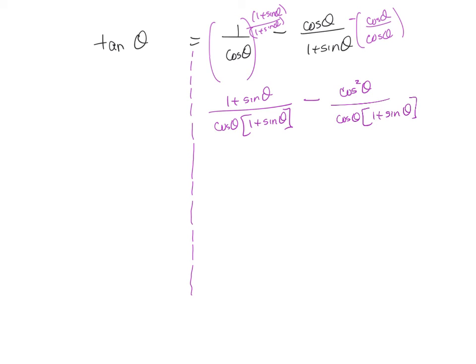And remember, tangent theta is equal to sine theta over cosine theta. So notice I already have the cosine theta here. I got to think, how am I going to get rid of that 1 plus sine theta? All right, let's keep going. I'm going to combine under one common denominator.